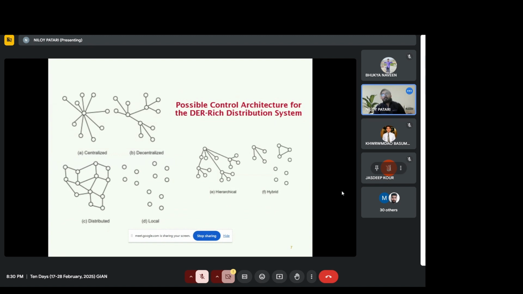But there are clusters formed in the distribution system, and within the cluster, they will try to solve their own problem. It's almost like international relations. India will solve its own problems. India may talk with Russia or US at times, but it depends.